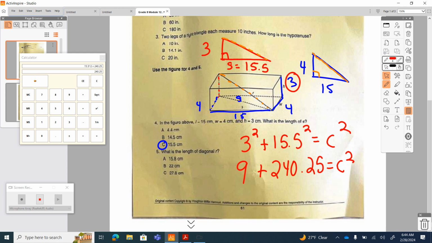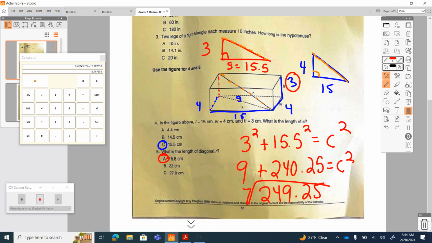So I'm going to add that to 9, and I get 249.25. Oh, I was looking for why it's not there, and then I remembered I have to square root it. 15.78. That's letter A.